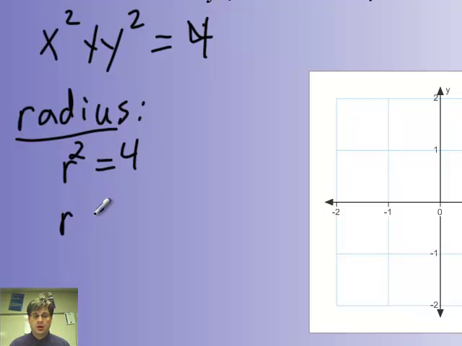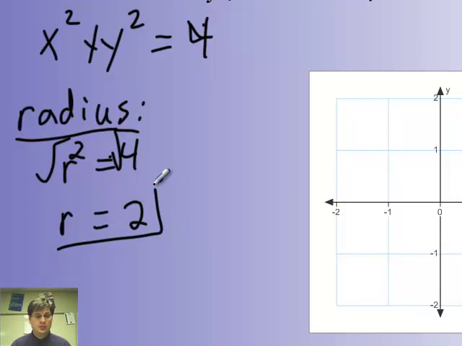So therefore, r is equal to 2, because we're going to take the square root of both sides. Now, normally when we pull in a square root like that, we'd include plus or minus, but since we're talking about lengths and distances, negatives don't make sense. So therefore, the radius is 2. And that's something that you would box in.